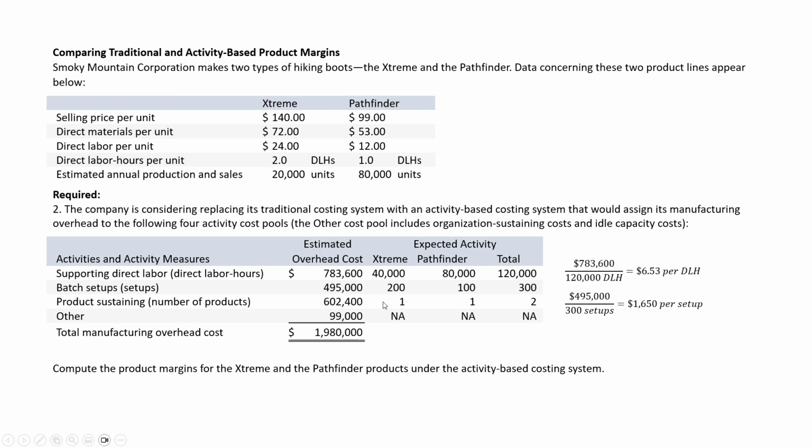Product sustaining, about a third of the $1,980,000, is $602,400, divided by just 2 products, and we're going to do this equally, is $301,200 per product. Again, we're not going to try to allocate the organization-sustaining costs.